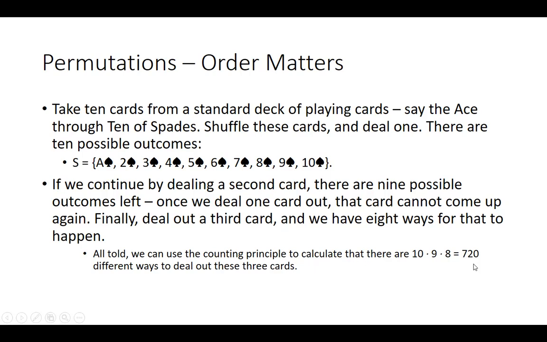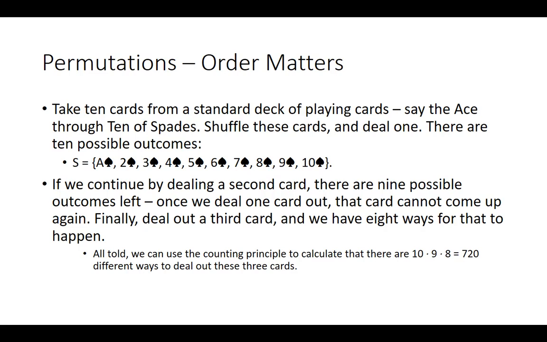So first, we're going to talk about permutations, and these are situations where the order matters. Let's take 10 cards from a standard deck of playing cards, say the ace through 10 of spades. Shuffle these cards and deal 1. There are 10 possible outcomes. The sample space would have the ace of spades, the 2 of spades, all the way up through the 10 of spades.